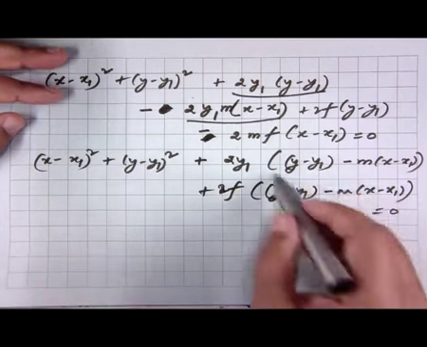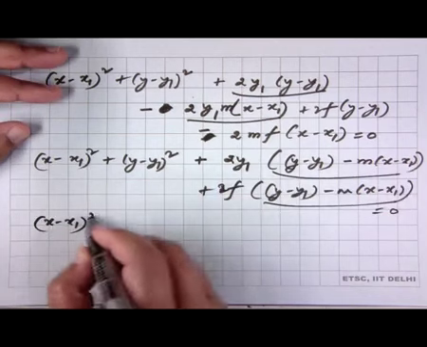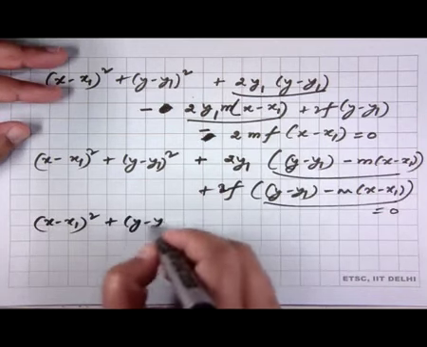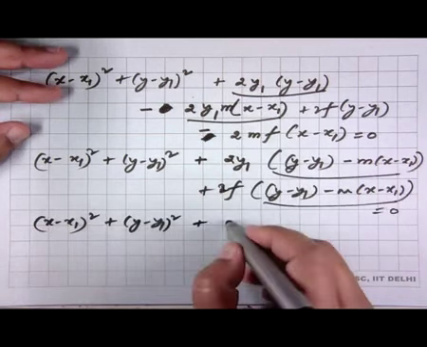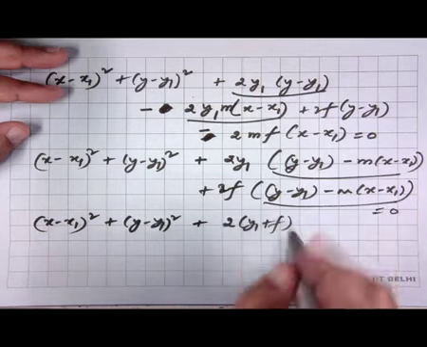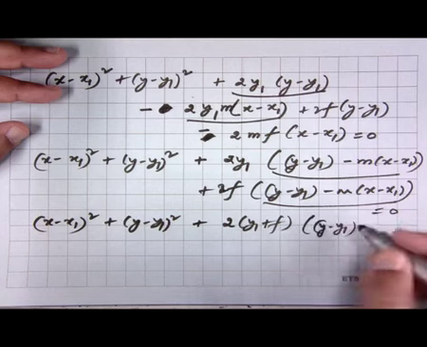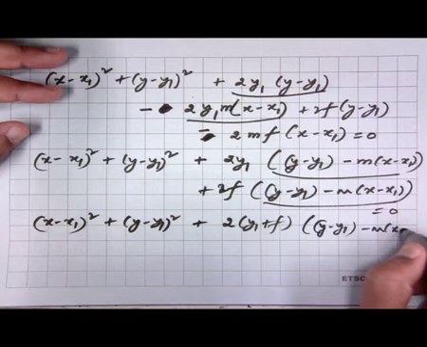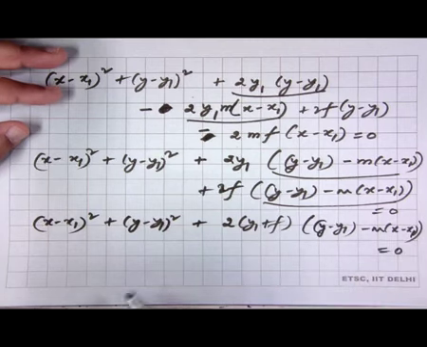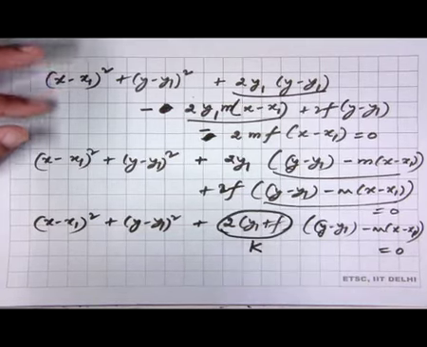And then of course, this and this are the same, so we can write plus 2 times y1 plus f into the bracket equals 0, and this is actually the parameter k.